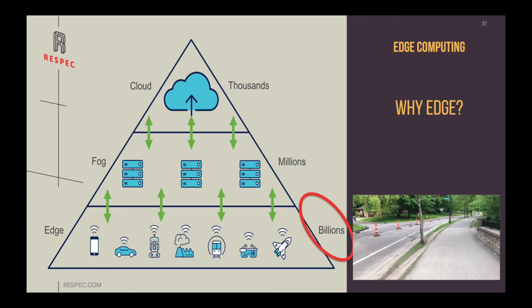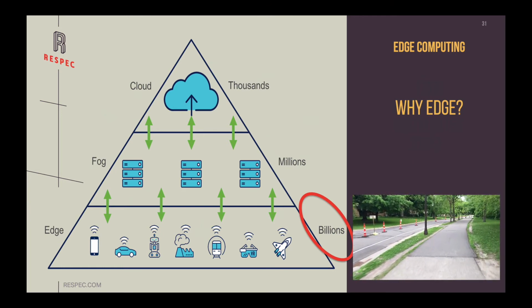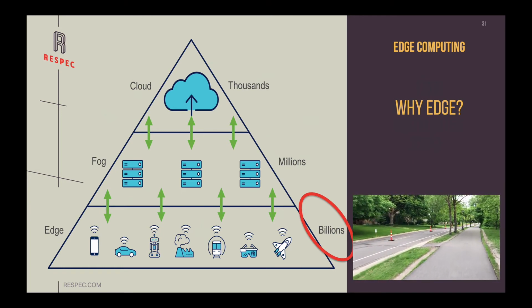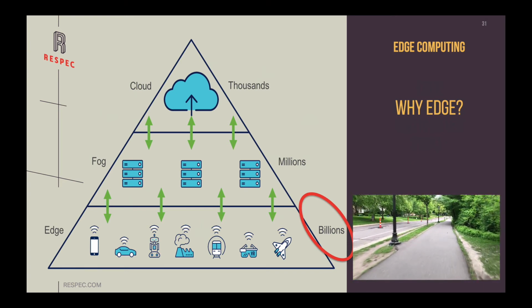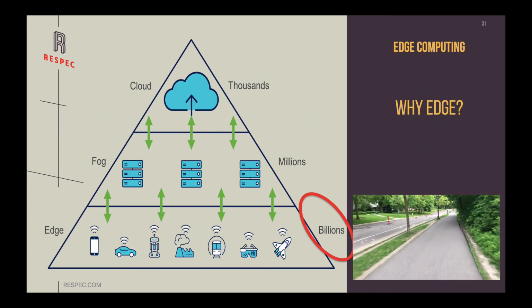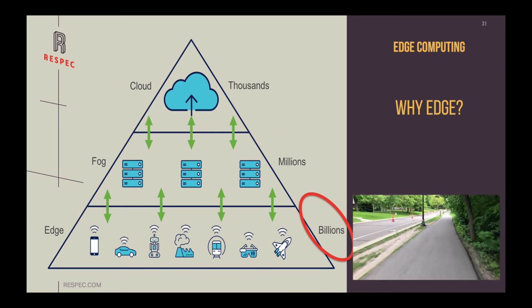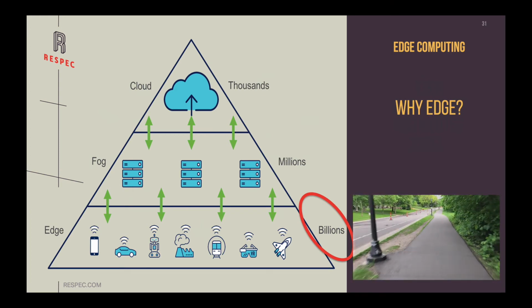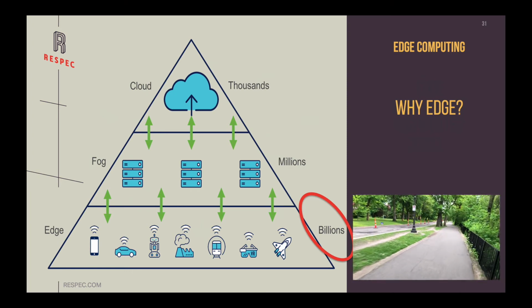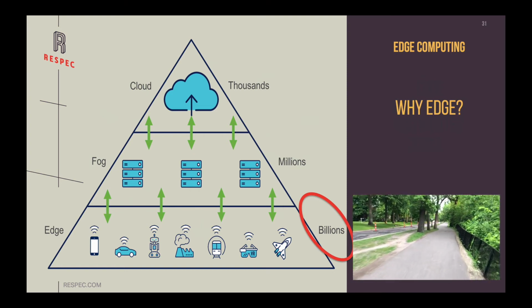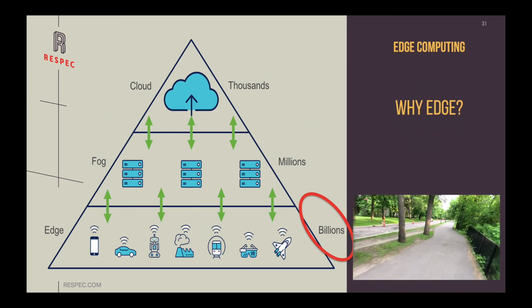Security is also an aspect. You know, the most secure data is that which never leaves the device, and just the sense of being able to have a more resilient network with these resources pushed closer to the edge.